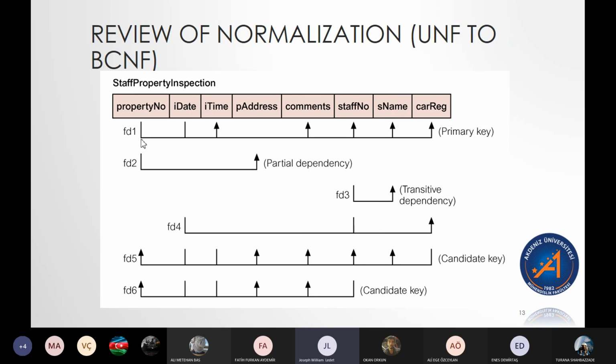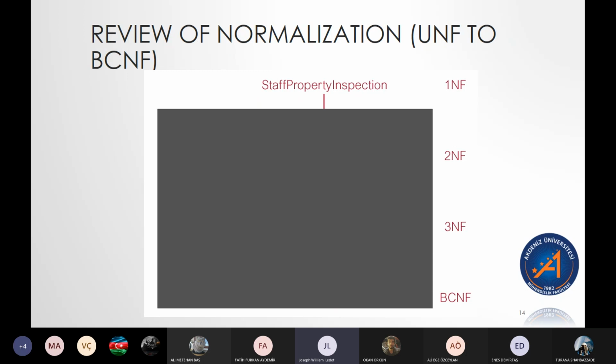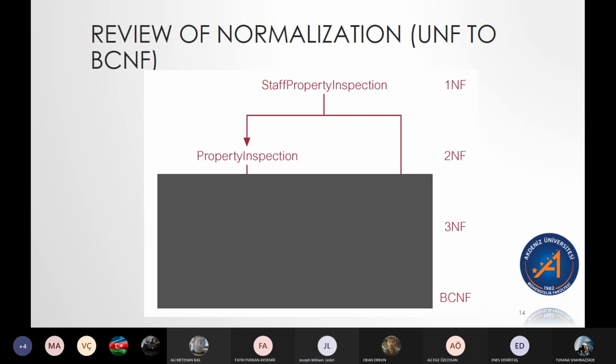Right, so property number determines property address. So what we'll do to get to our second normal form, we will create a property inspection table, and let me go ahead and show you this one that's going to show up down here at the bottom too.